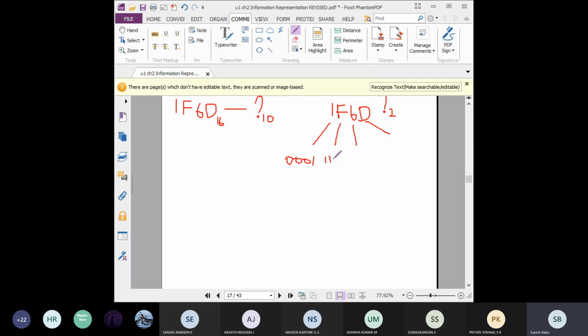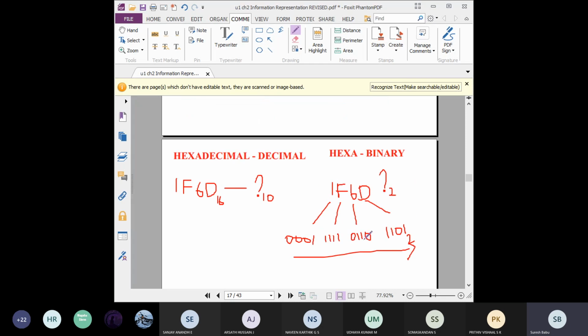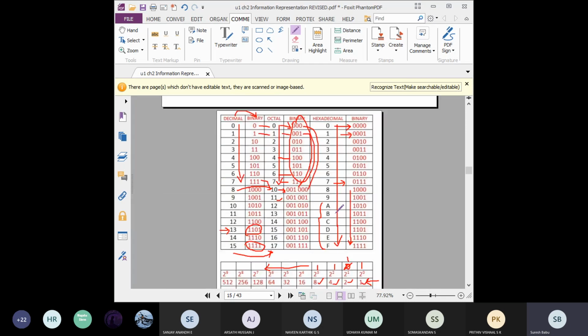For F, 1111. For 6, 0110. For D, 1101. If you combine it, you will get the binary equivalent of the above hexadecimal number. Very easy: just get the binary equivalent from the tabular column and combine all the digits, then you will get the binary value.